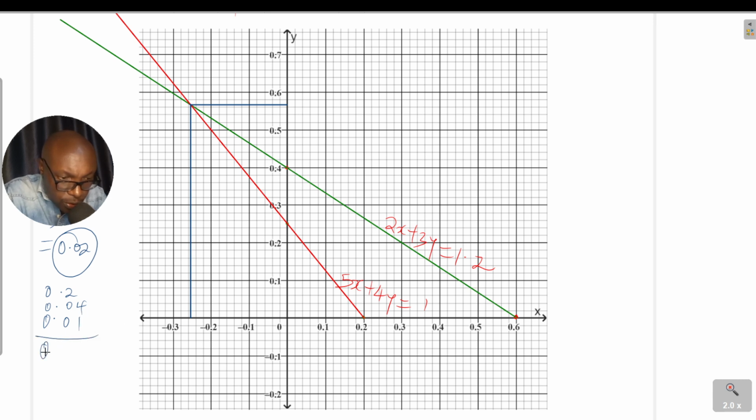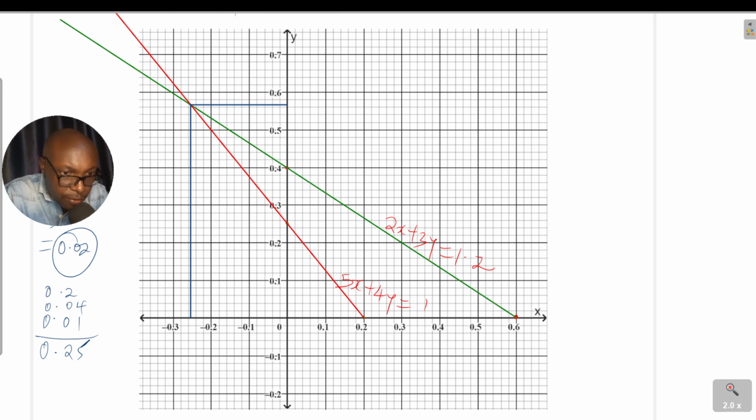So this will give 0.25, because as you can see, it is not yet at 0.26. We are doing some estimation. So 0.25.